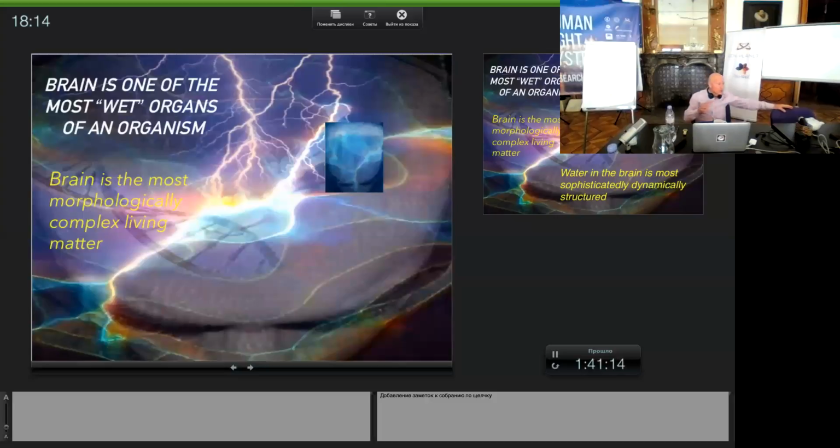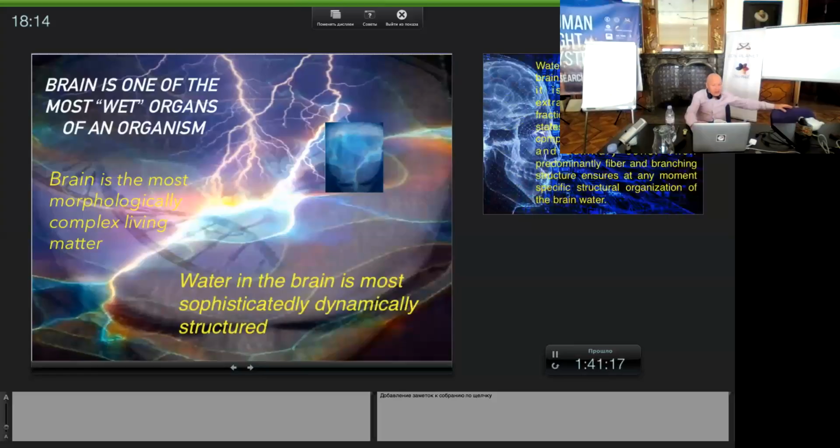Before, there was practically no discussion of this kind. So water in the brain is most sophisticated, dynamically structured. So everything we discussed before about the structure of water is mostly present in the brain.